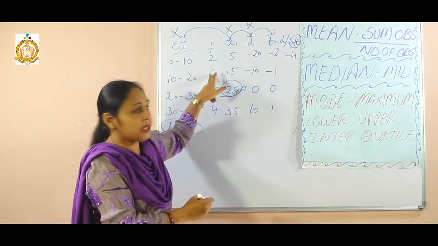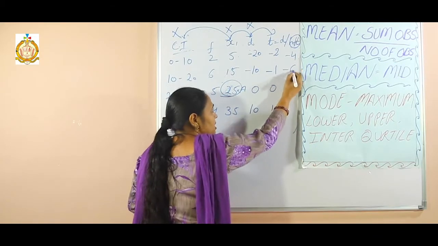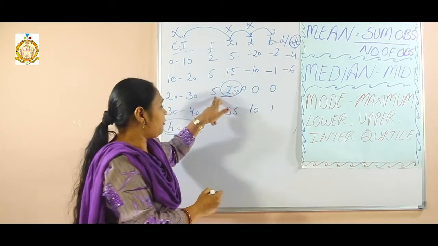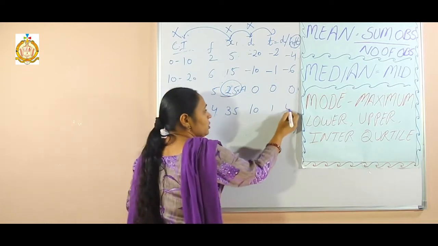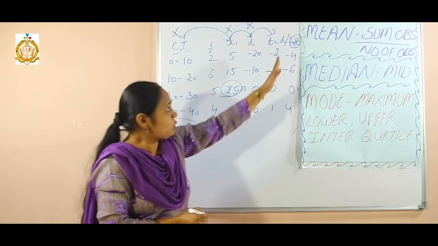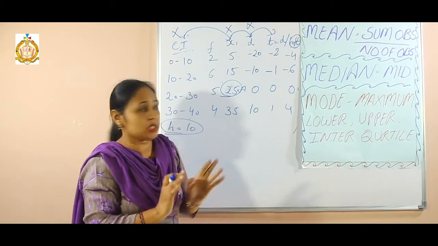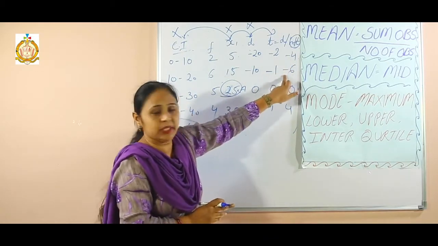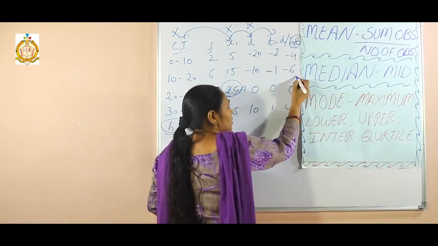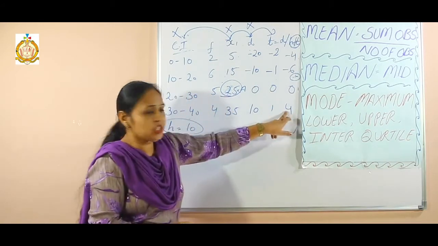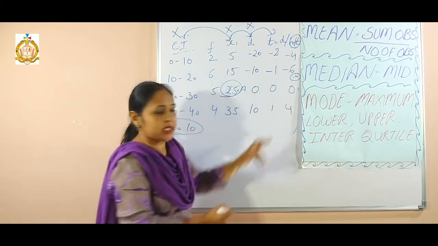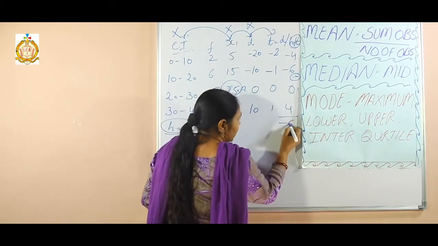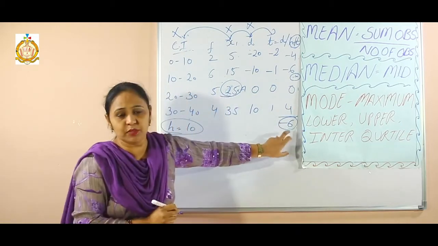Minus 1 multiply 6 becomes minus 6. 0 multiply 5 becomes 0. 1 multiply 4 becomes 4. Now, the last step, we have to add. Minus 4 minus 6 becomes minus 10. And there is 4. Minus 10 plus 4, the answer becomes minus 6. This is the last summation.